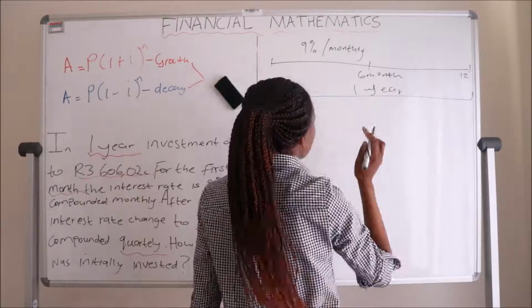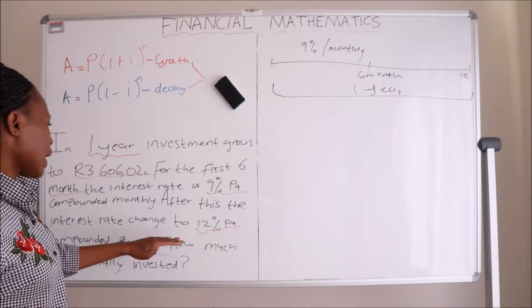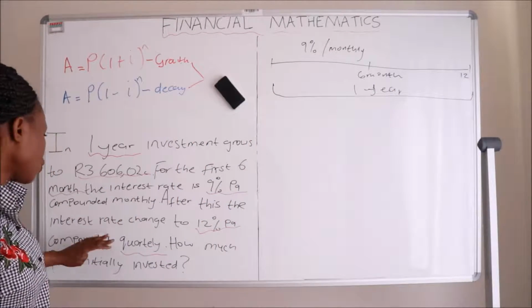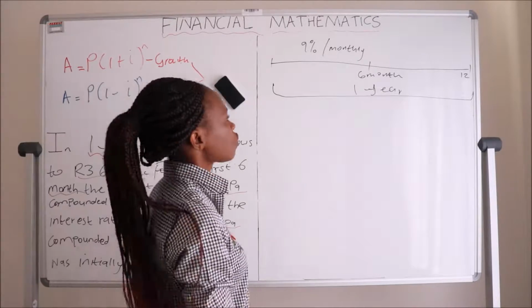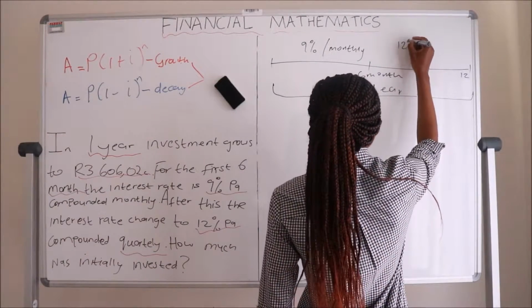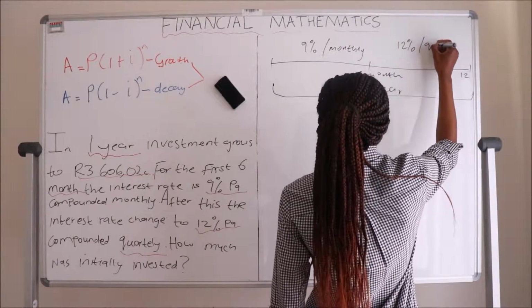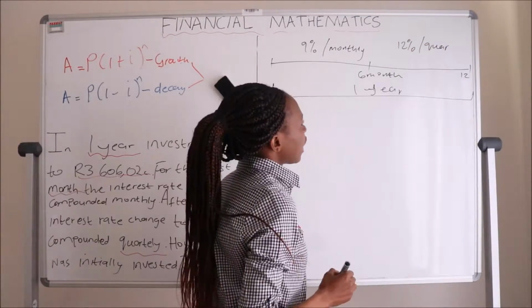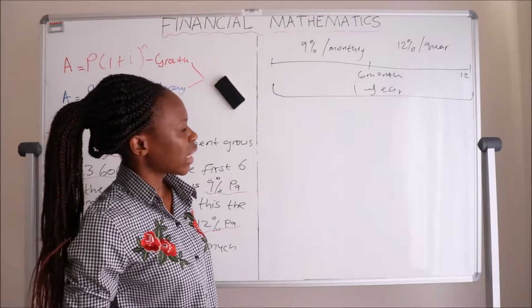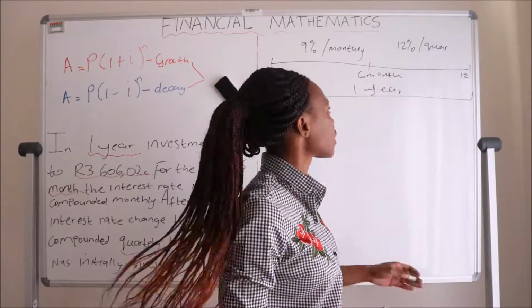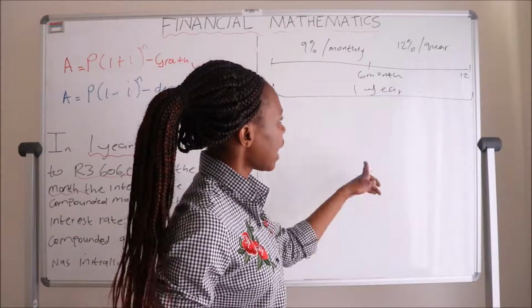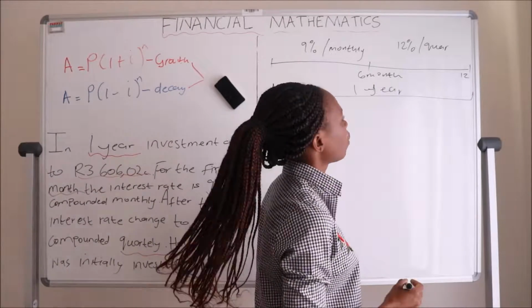So the first 6 months we have 9% interest rate compounded monthly, and this is half of the year. Continuing after this, the interest rate changes to 12% per annum compounded quarterly. Then with the last 6 months we have only 2 quarters, since in a year we have 4 quarters, of which the first 6 months is the first half, and the second half of the year we have 2 quarters.